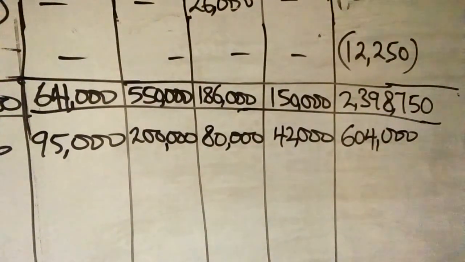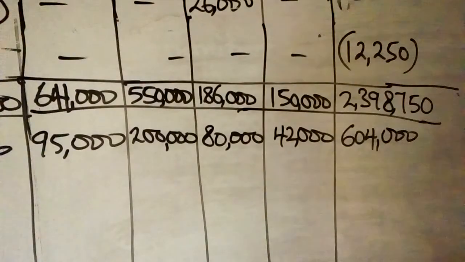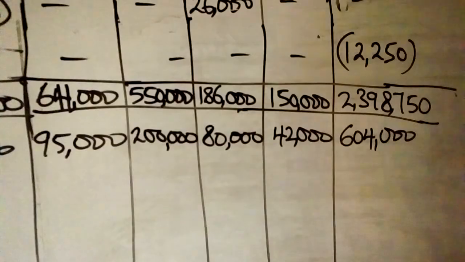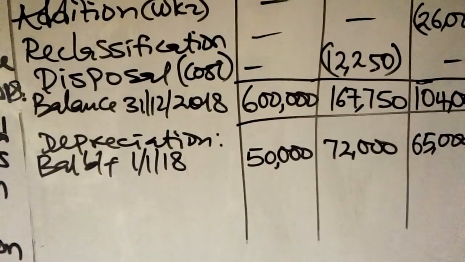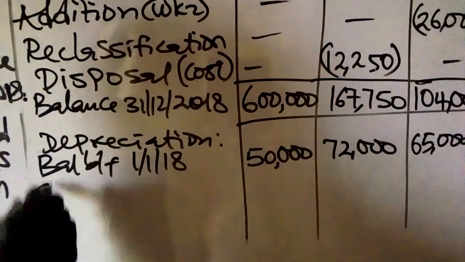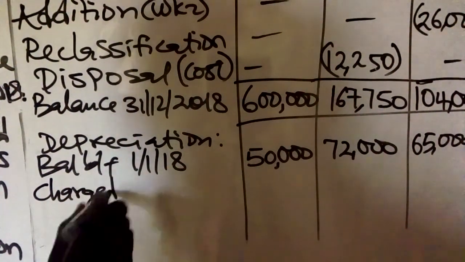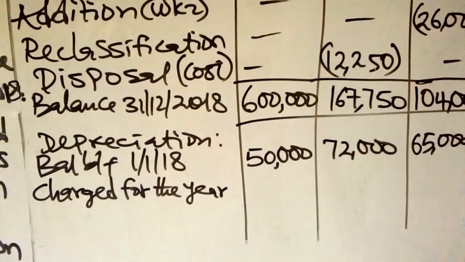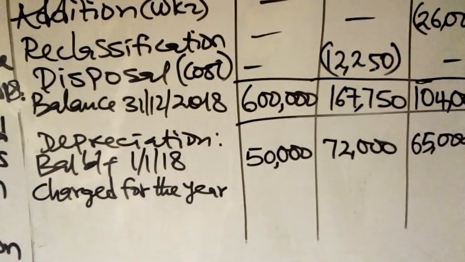Then the next thing is the depreciation charge for the year. So we put charge for the year. Now, let's go back to note 2.